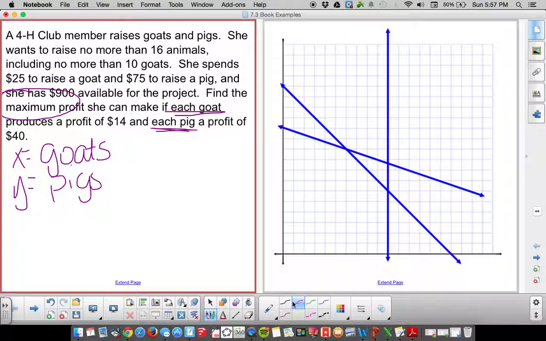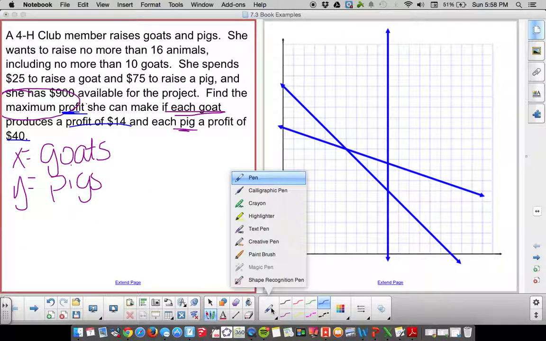So now we're going to look at the problem here. We're going to come up with our objective equation. The objective equation is what I'm trying to maximize. So I want to know the maximum profit, and I know the profit for each. So I'm trying to maximize, sorry, that looks horrible.